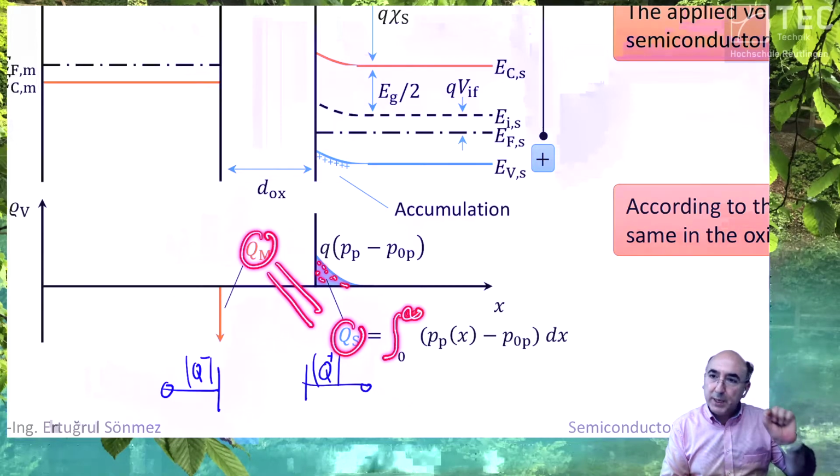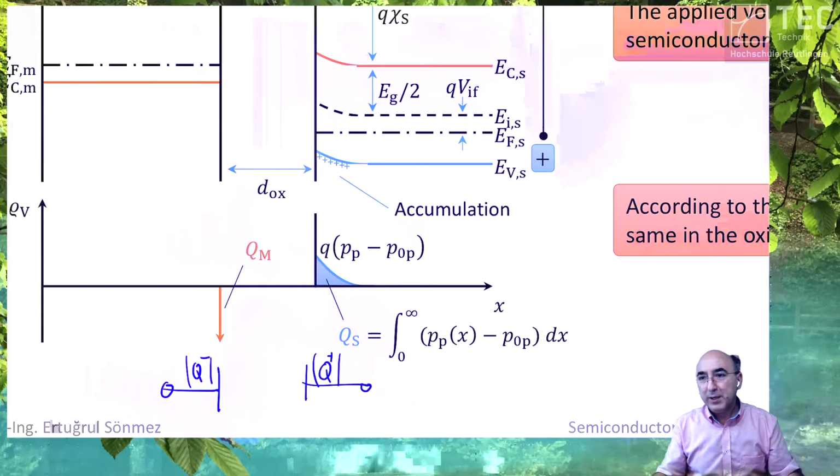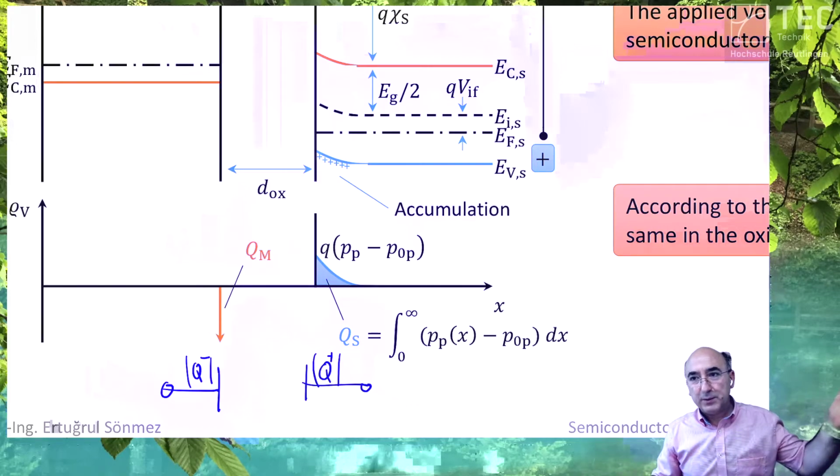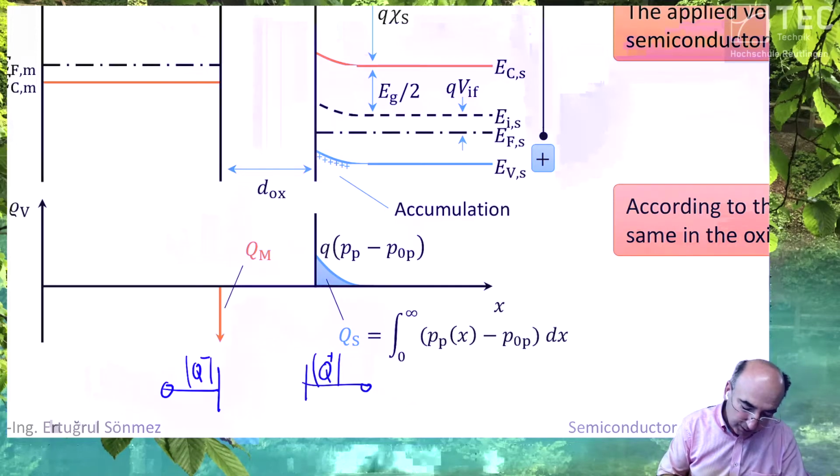Keep this in mind all over the next slides. Important: the charge is the same. You start your lecture time in the bachelor, first semester, electrical field, capacitors are explained. Q plus is equal to Q minus. I say the same in the MOSFET. But now we have a semiconductor. That's the only difference.